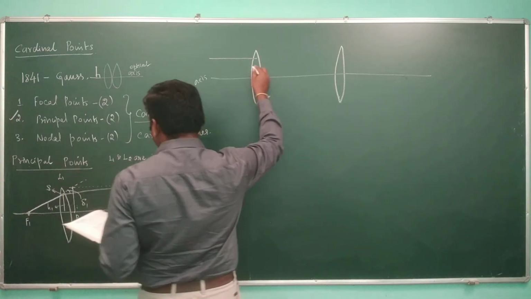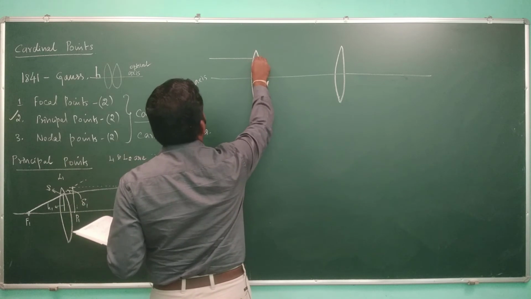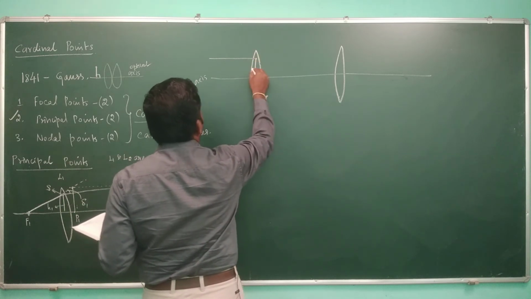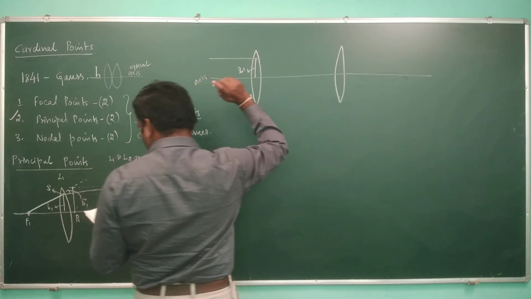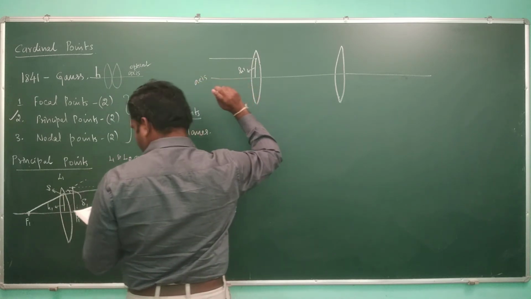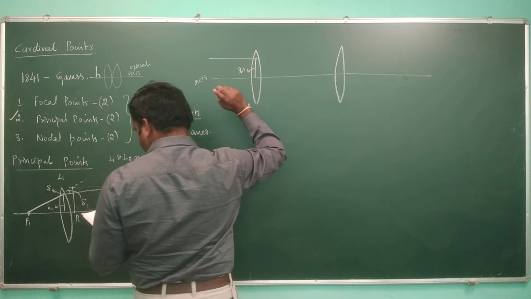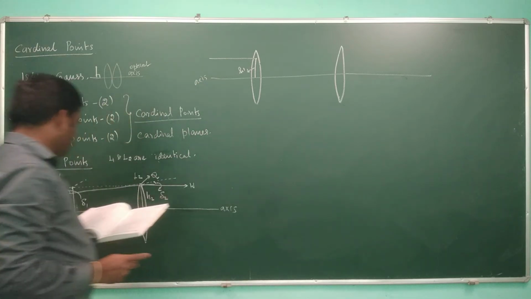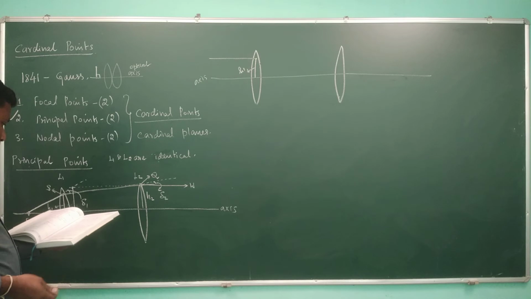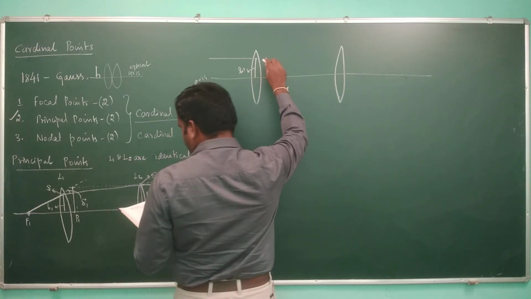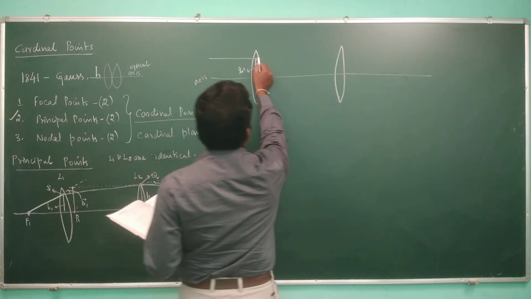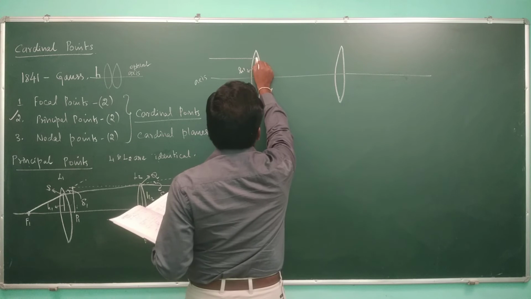Now again, this point has the height H1, and it gets refracted at this point.